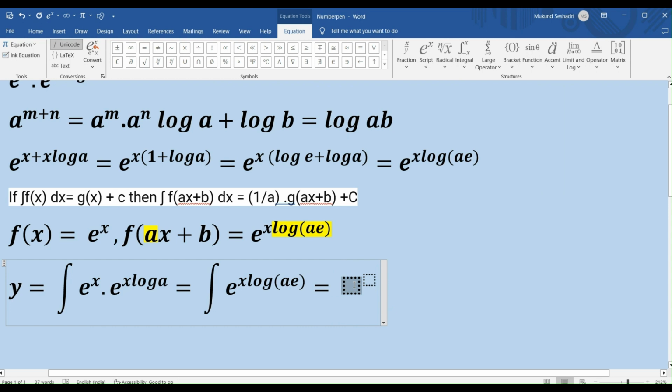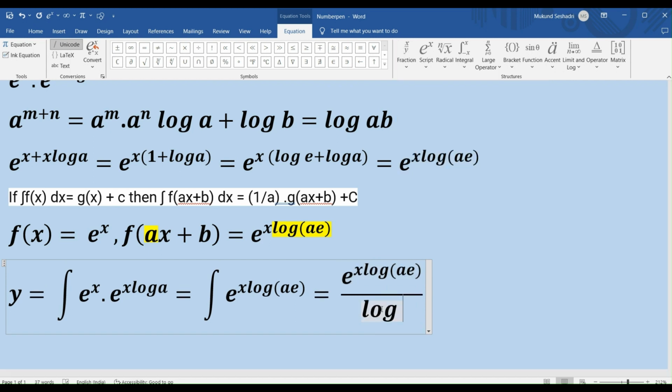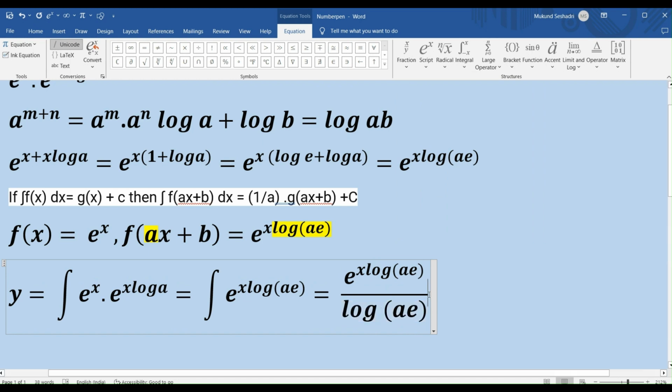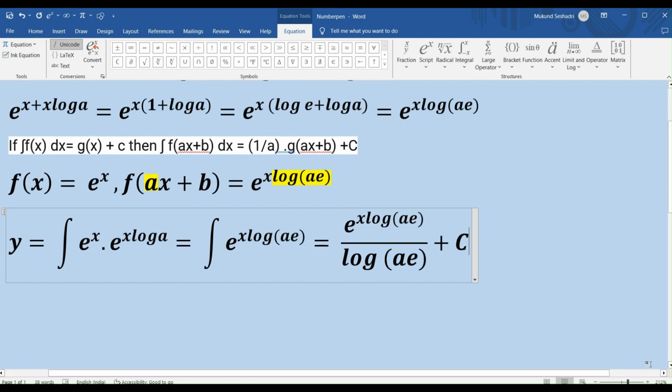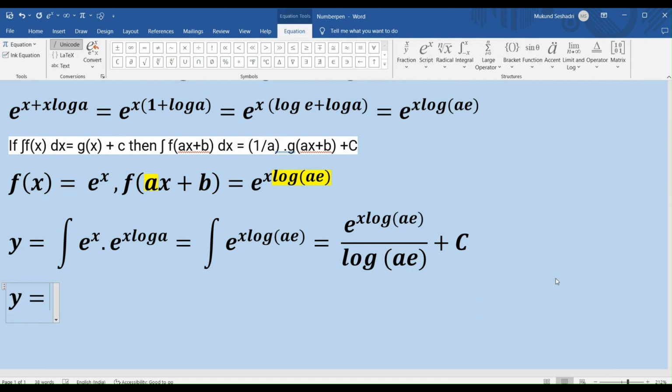My g of ax plus b will be e to the power x log ae, and then I have my 1 by a, right? What is my a? My a here is log of ae, right? And then I have my constant, right? Now, can I do some more simplification here? The answer is yes.